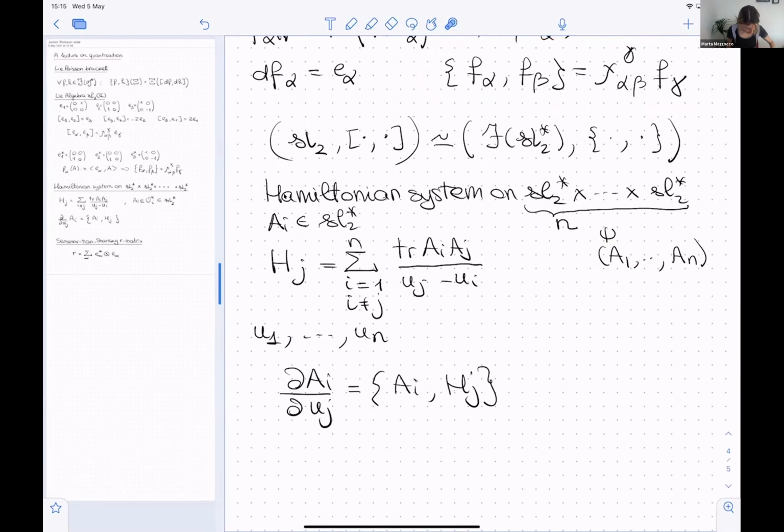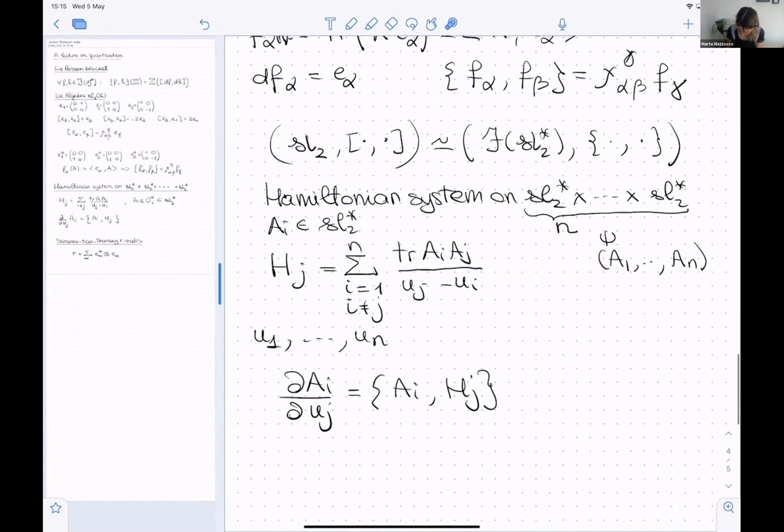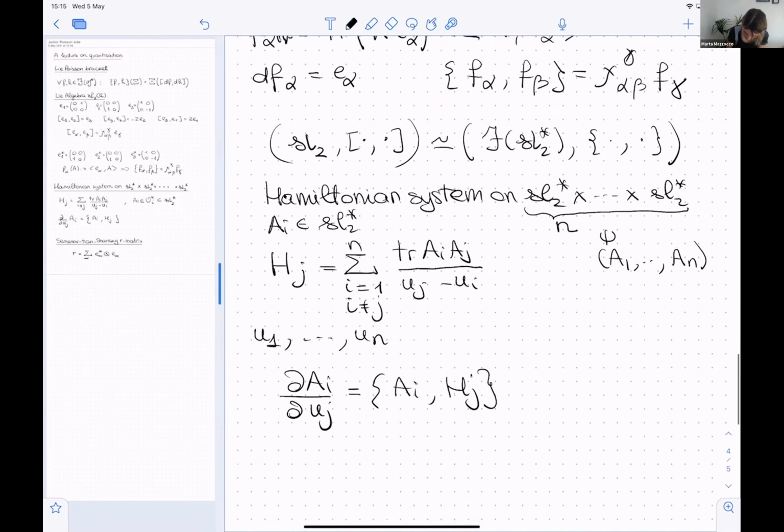Right, okay, so I want to quantize this. And what do I do? Well, in fact, let's quantize first the single A. Okay, so what I'm going to do is to really think about the dual of the Lie algebra like a vector space.